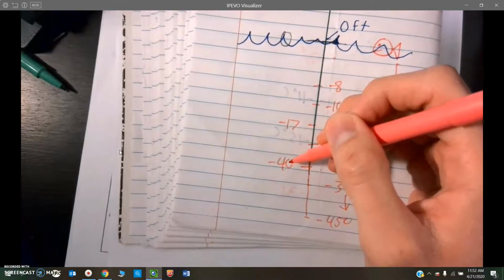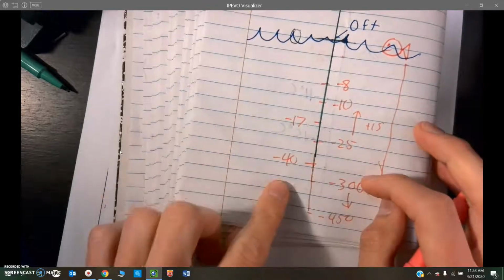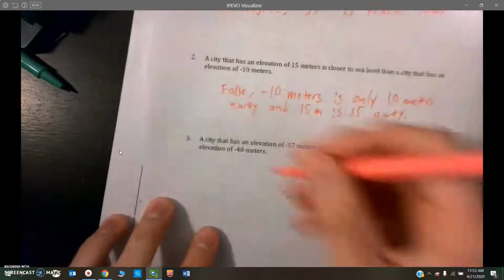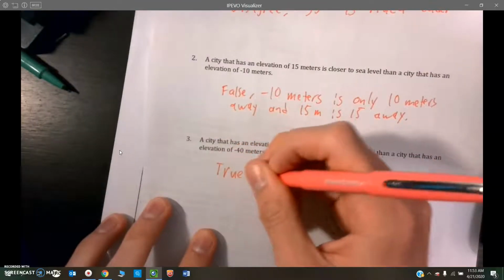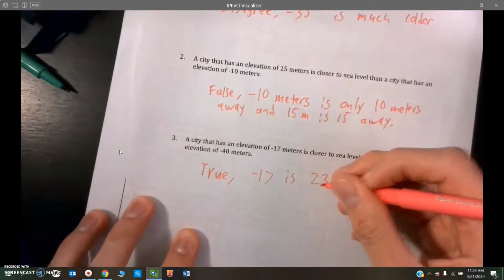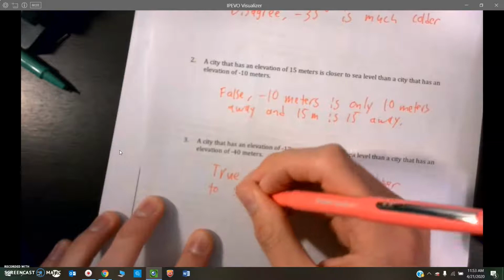Negative 40 is 23 meters even further down than that. So this is true. Negative 17 is 23 meters closer to sea level.